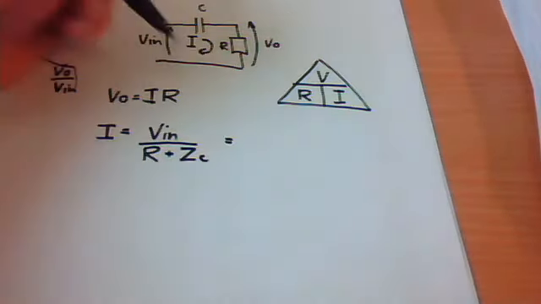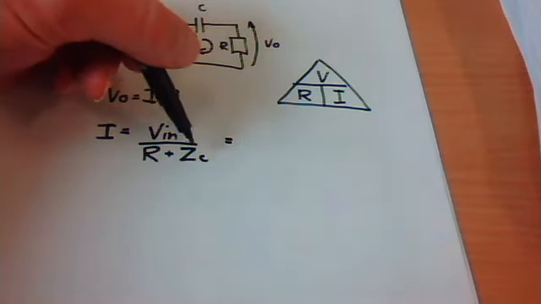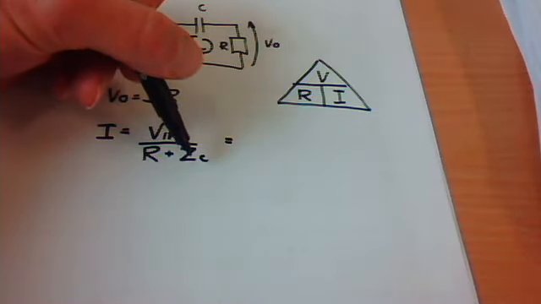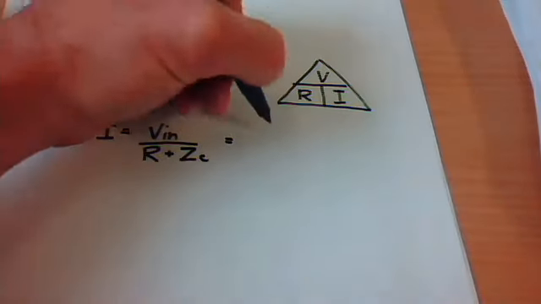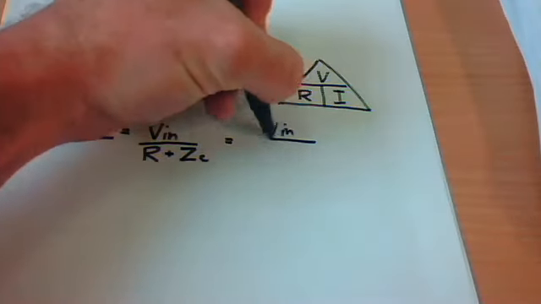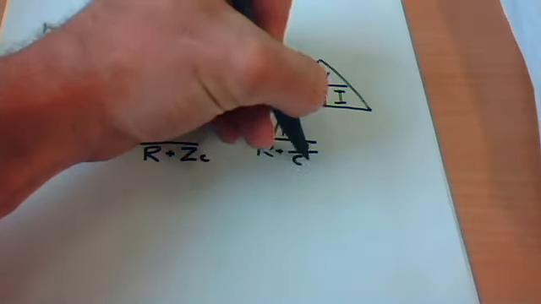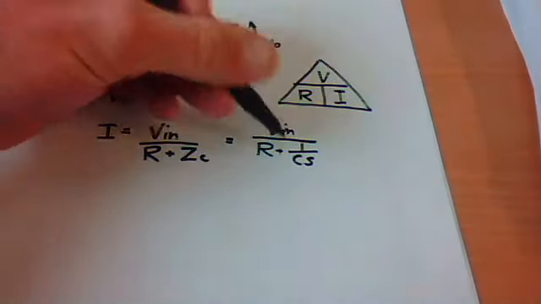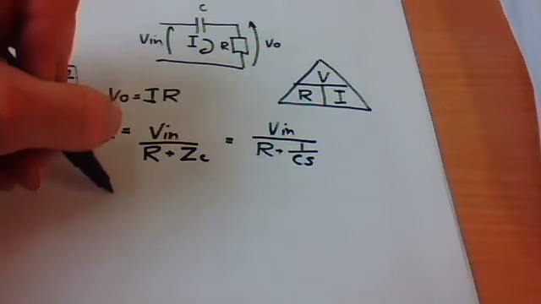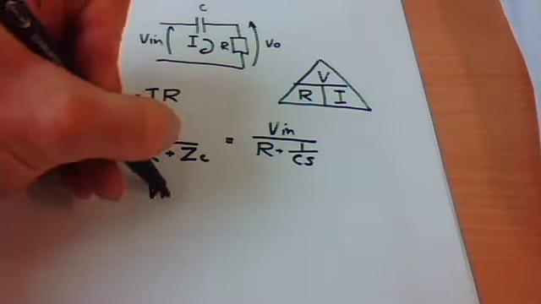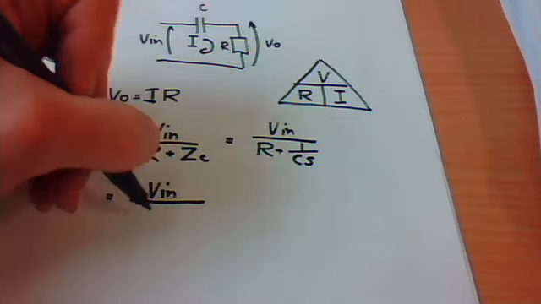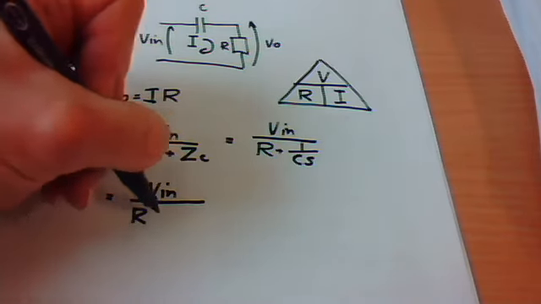Okay. And in the exam question, it does say that ZC is equal to 1 over CS. So we're going to just substitute that. So V in over R plus 1 over CS. Now I'm just going to simplify this and solve it a little bit more. So we've got V in over RCS.